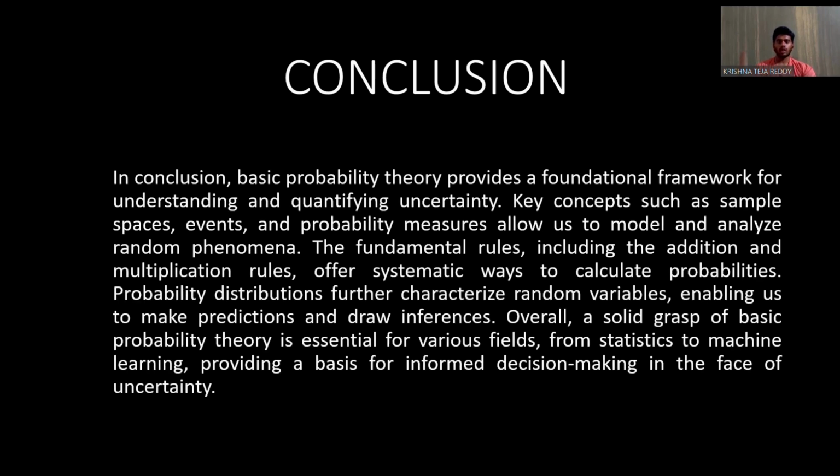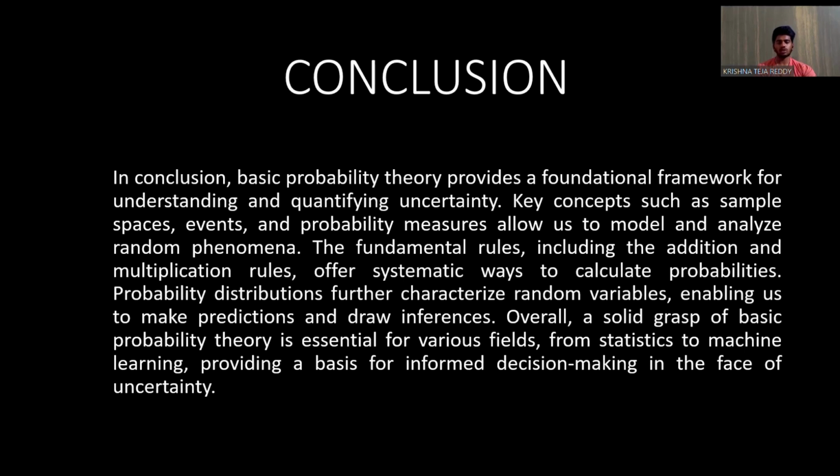Let's go to the conclusion of basic probability theory. In conclusion, basic probability theory provides a foundational framework for understanding and quantifying uncertainty. Key concepts such as sample space, events, and probability measures allow us to model and analyze random phenomena. The fundamental rules, including the addition and multiplication rules, offer a systematic way to calculate probabilities.